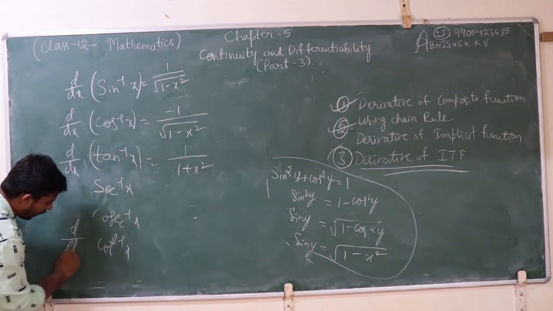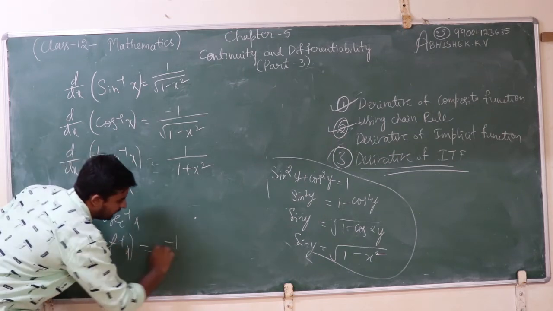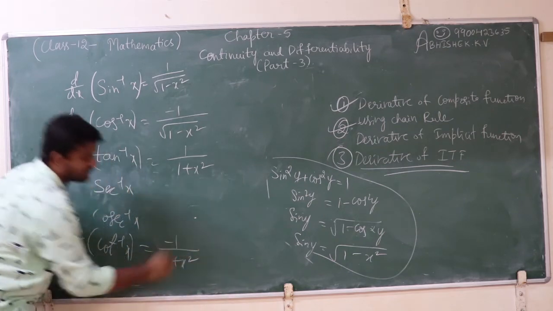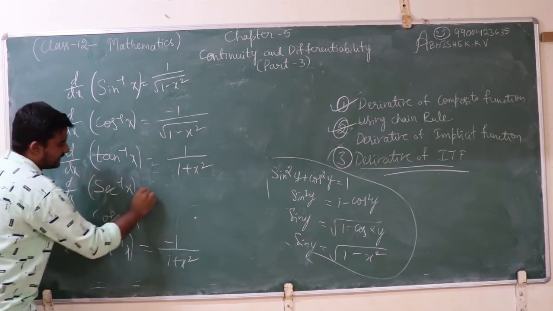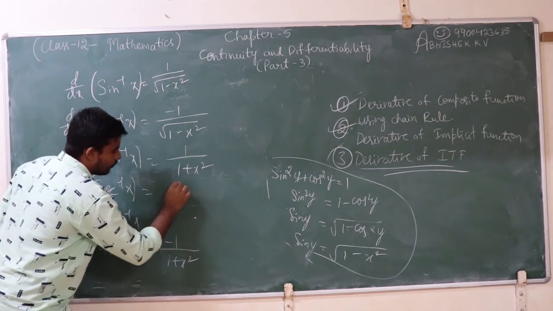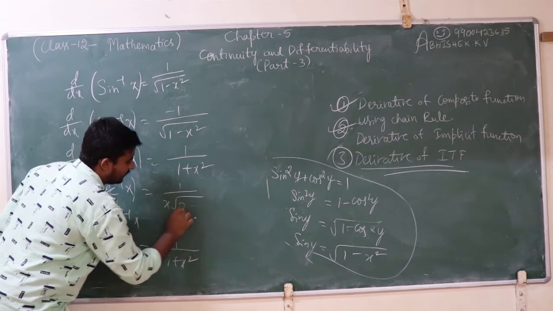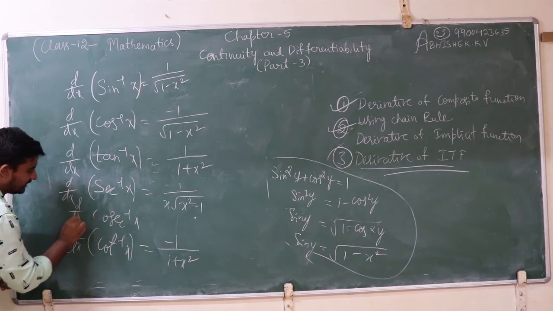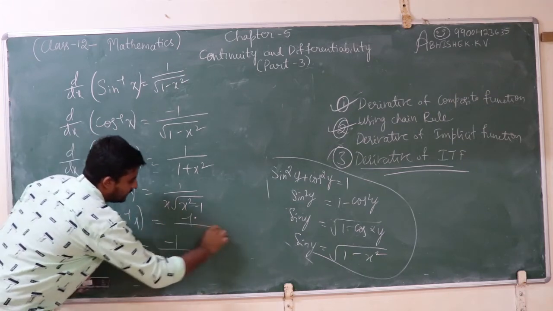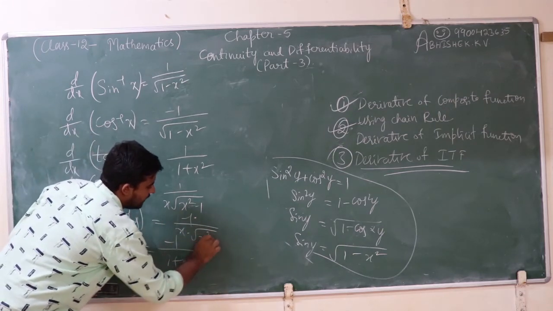Derivative of cot inverse x is equal to minus 1 divided by 1 plus x square. Derivative of secant inverse x is equal to 1 divided by x into square root of x square minus 1. Derivative of cosecant inverse x is equal to minus 1 divided by x into square root of x square minus 1.